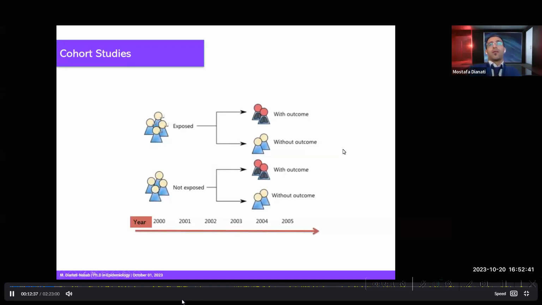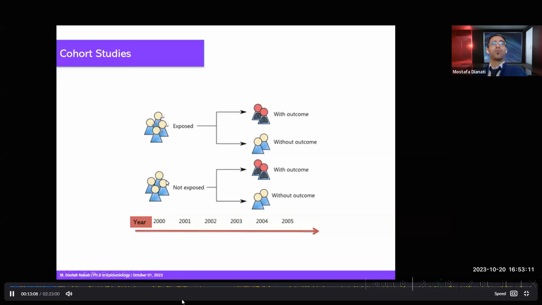Suppose you had a population under the affiliation of Stanford University, and you started your study at, for example, 2000. Over the years, you are looking at your population. As you see, all the population here are not sick. They have no disease, basically the disease of our interest.